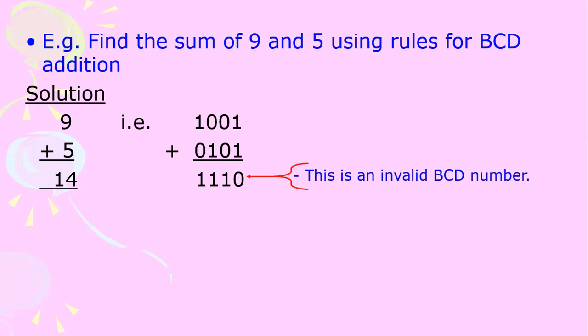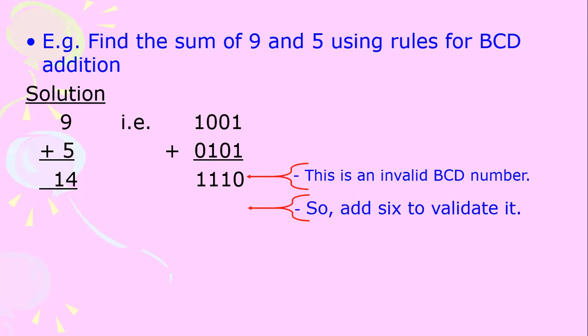We know very well that this is an invalid BCD number because our result has already exceeded 9. So what did we do? Because 1, 1, 1, 0 is not a valid BCD number, then we proceed.